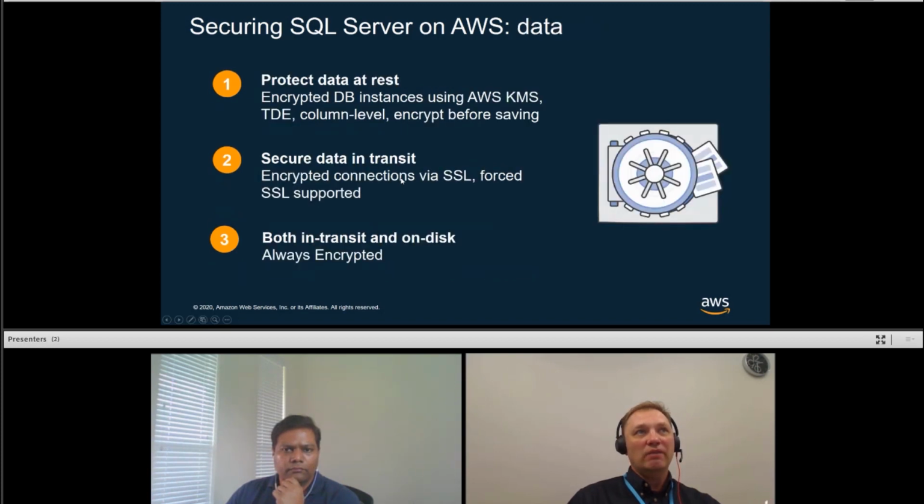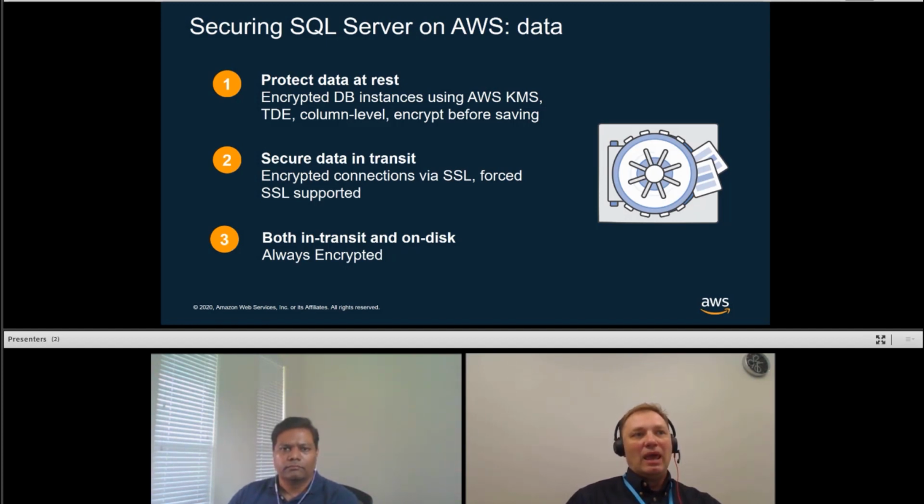The second level of security is securing your data. Here on RDS, we support all the native SQL Server built-in security features like TDE and Always Encrypted.